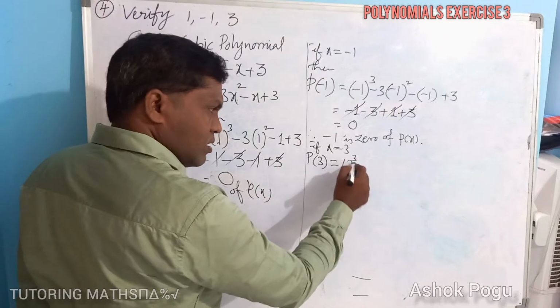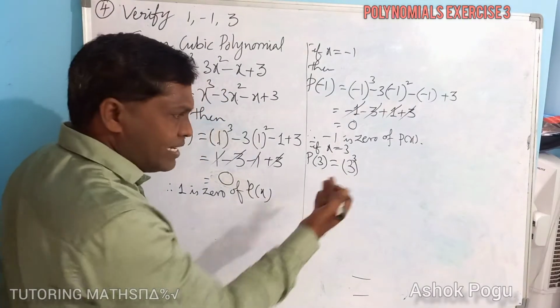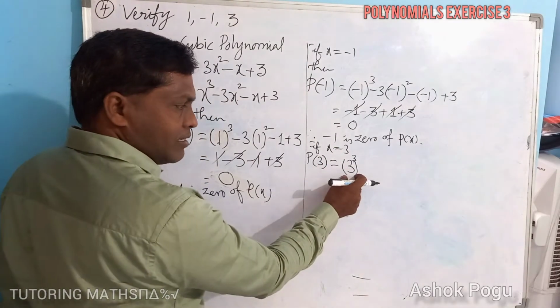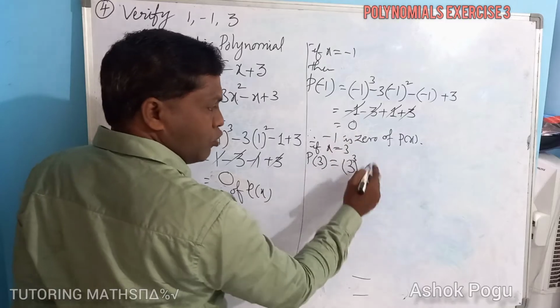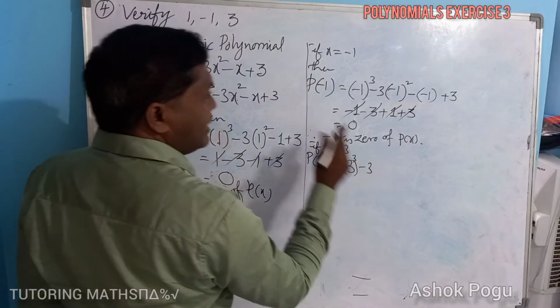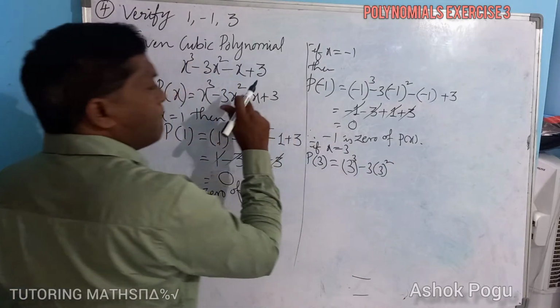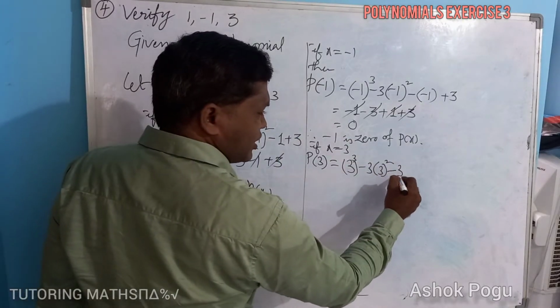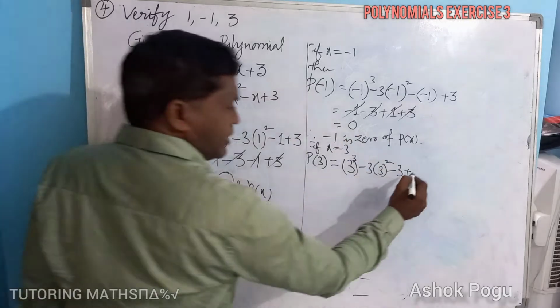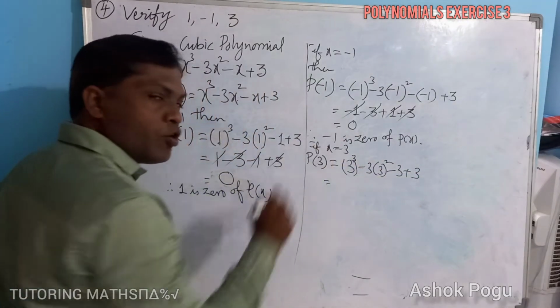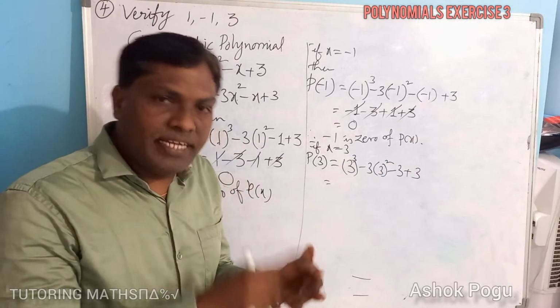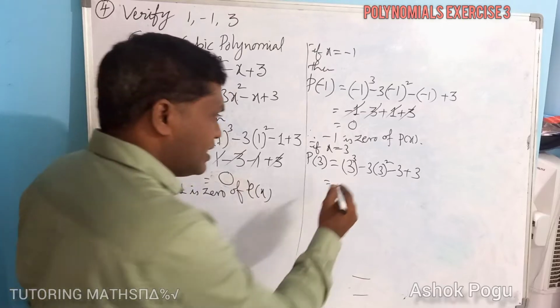But try to make it a habit. Please take a bracket: 3 cube, and minus 3x square, that is 3 square, minus x, minus 3, plus 3. 3 cube is 3 into 3 into 3. 3 3s are 9, 9 3s are 27.